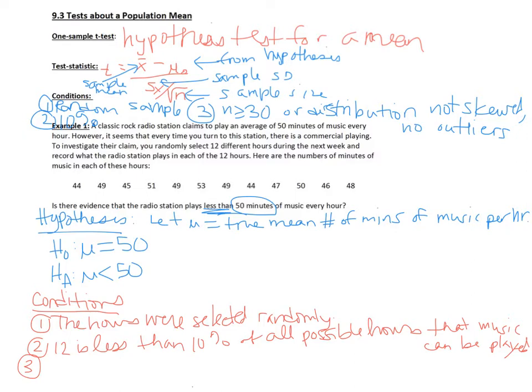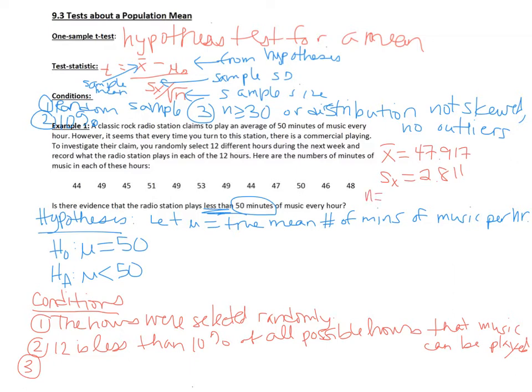I'm going to use one variable statistics, don't forget about that, and I'm going to actually find out a few things about these values. So the first thing I'll find out is that, using one variable statistics, your x bar is 47.917. You find out that your standard deviation is going to be 2.811.